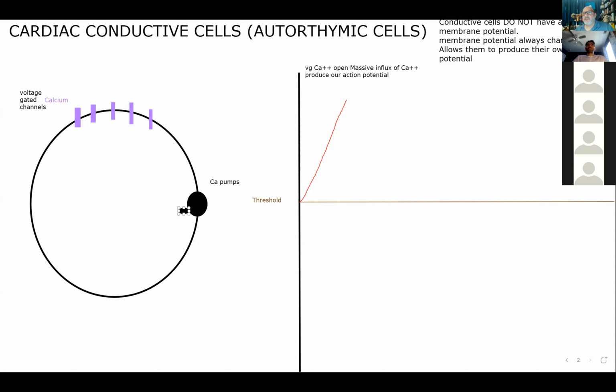Oops, let's make our ATP yellow because it amuses me to do so. Uses that ATP to pump calcium out of the cell.